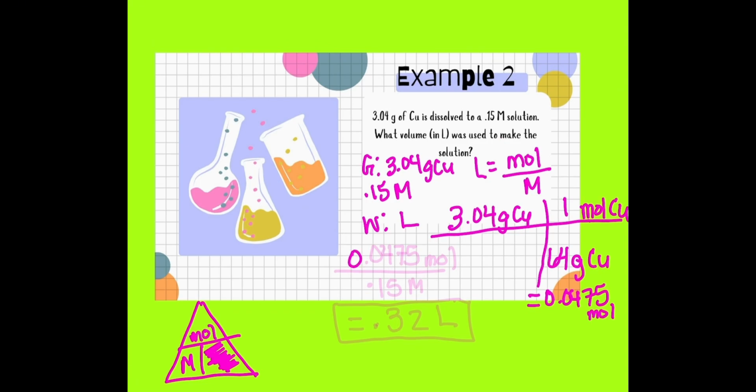So I'm going to take that 0.0475 and divide it by 0.15, which is my molarity, and put this in the calculator. And I get 0.32. Now, the calculator is going to give you 0.3166 and so on, but I just used the first 2 values after the decimal and rounded. That gave me my number of liters, and that's my answer.